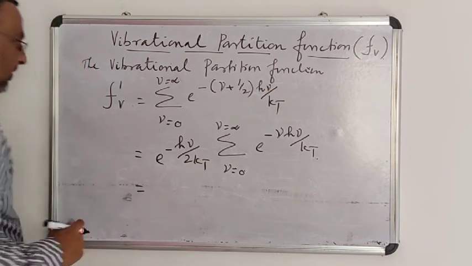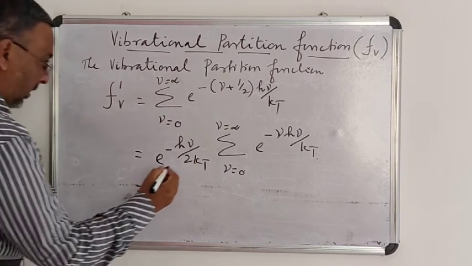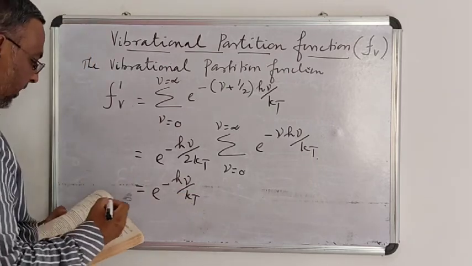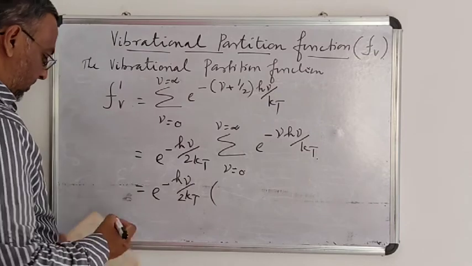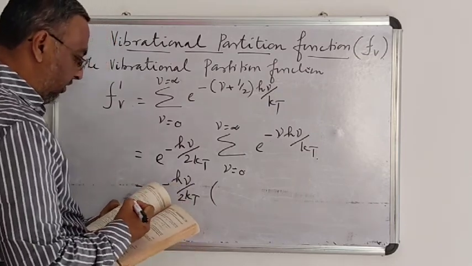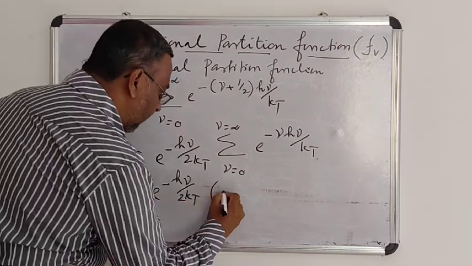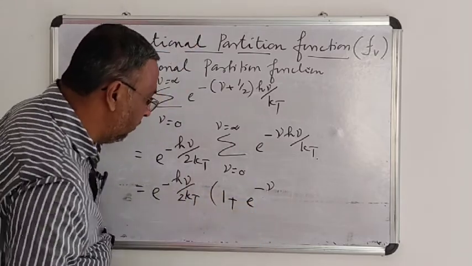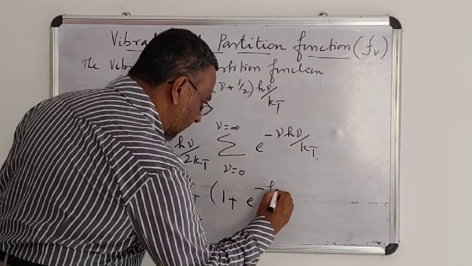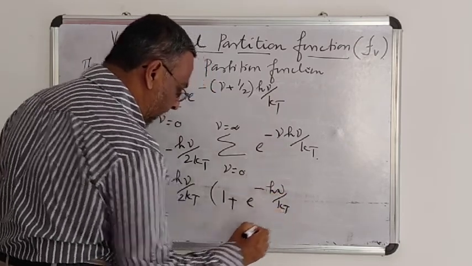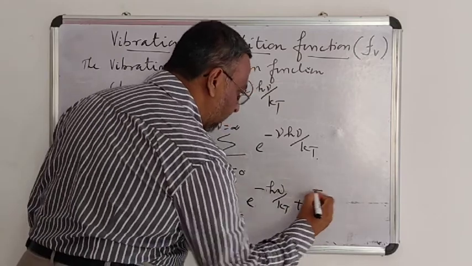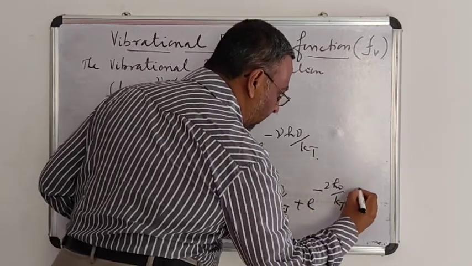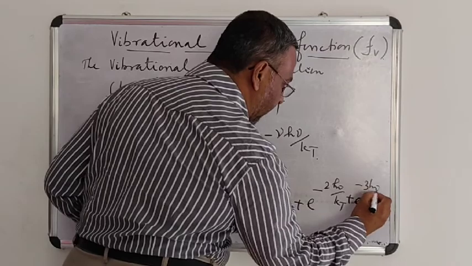Then I am simplifying this. When I simplify, e power minus h nu by 2kT, I am writing it as e power minus h nu by 2kT times (1 plus e power minus h nu by kT, because nu is equal to 1; if nu is equal to 1, it is h nu by kT, and plus for the second energy level e power minus 2 h nu by kT plus e power minus 3 h nu by kT).